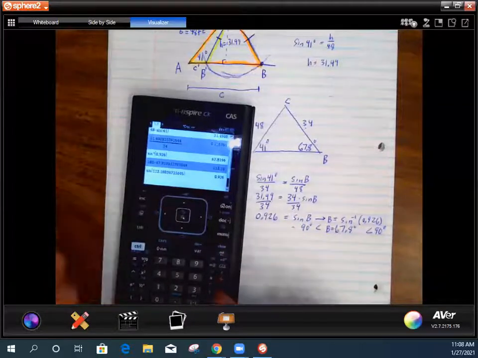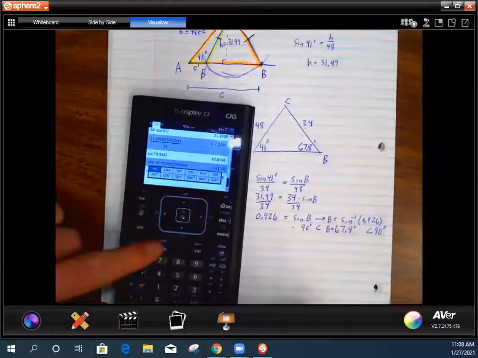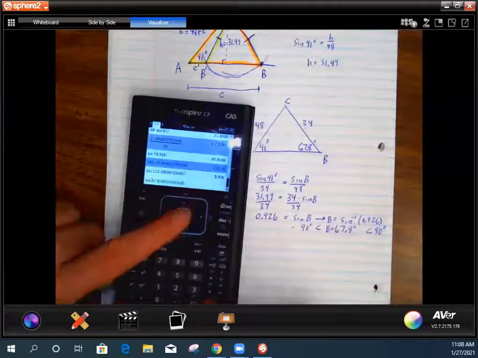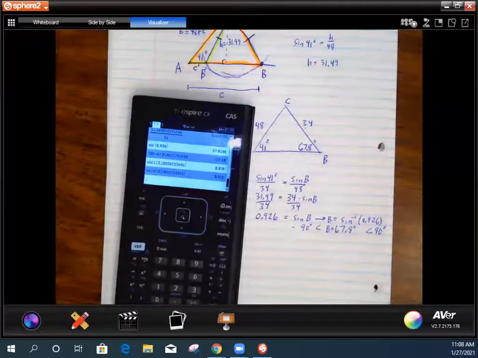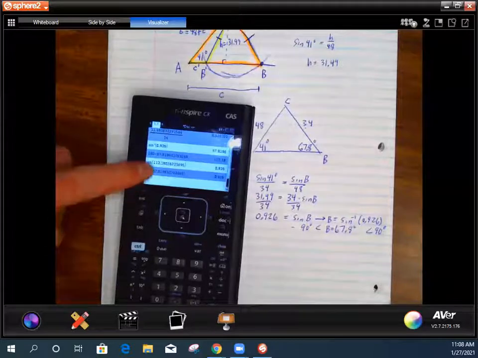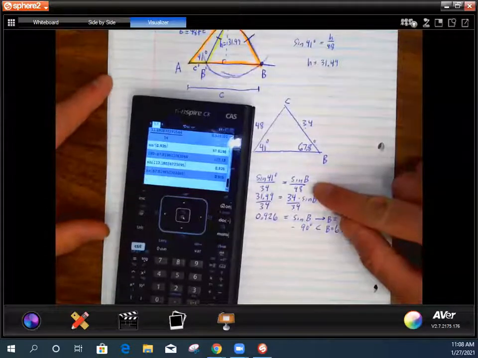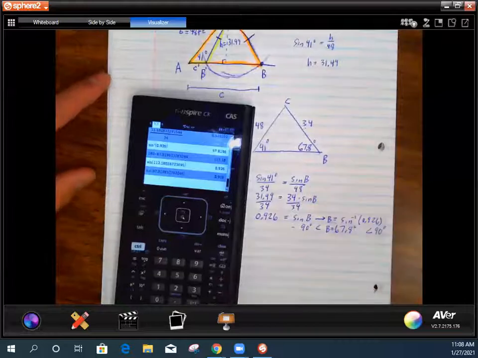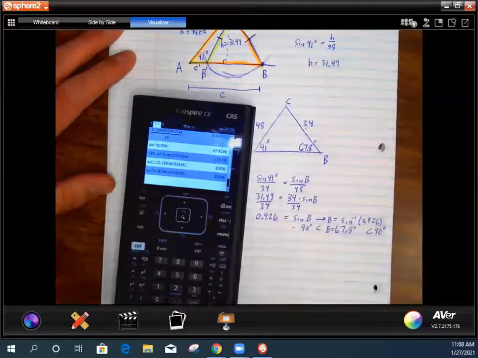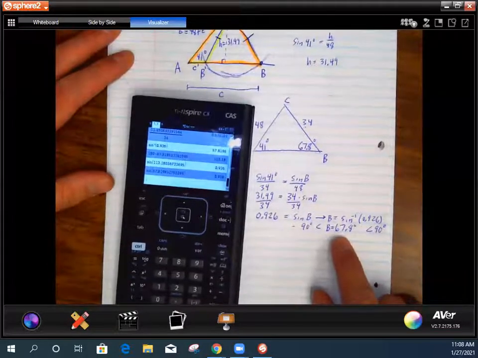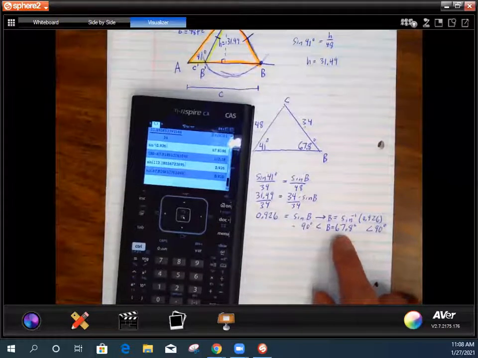All right, or like if we did the sine of this original angle, it would equal 0.926. So both of these angles satisfy this equation here. But when we do sine inverse, it's only going to give us the acute angle because that's how sine inverse is defined, or else it wouldn't be a function.